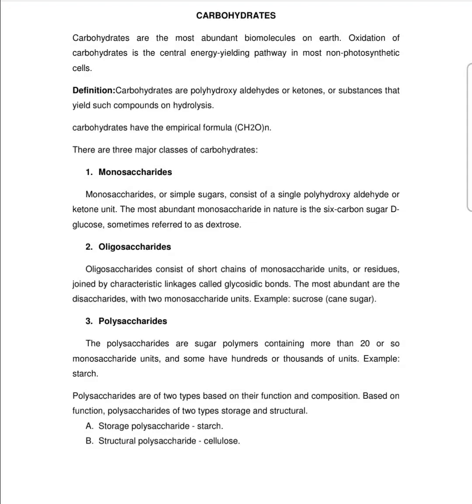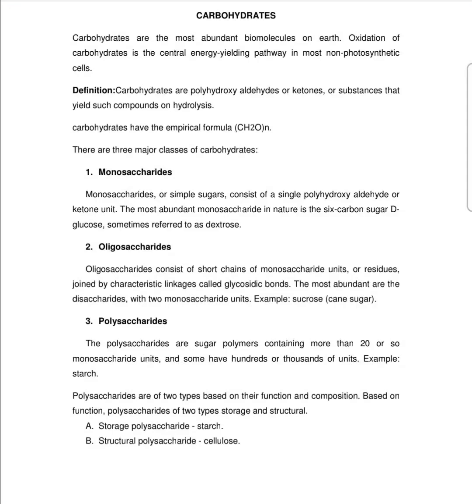So what is a monosaccharide? A monosaccharide is a simple sugar that consists of a single polyhydroxy aldehyde or ketone unit. The most abundant monosaccharide in nature is the 6-carbon sugar D-glucose, sometimes referred to as dextrose.